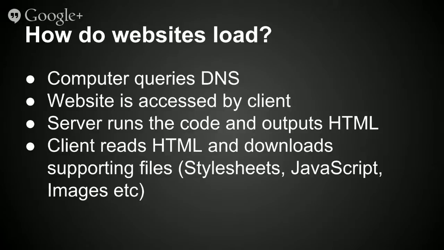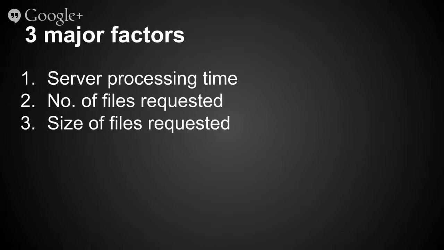So if you have, let's say, 60 JavaScript files and images, it's going to take 60 downloads to get those files. So the 3 major bottlenecks are the server processing time required to take that code and turn it into plain old HTML, the number of files that you request, how many images, how many style sheets, how many JavaScript files you have, and finally the size of those files. If you have really big images, it's going to take a really long time to download those compared to more optimized, smaller images.